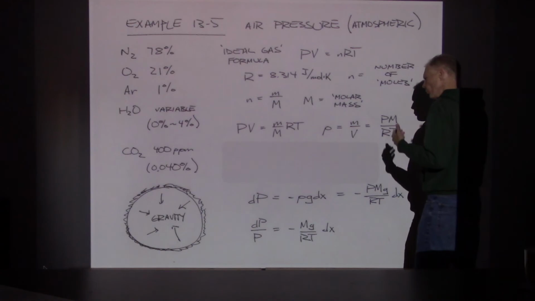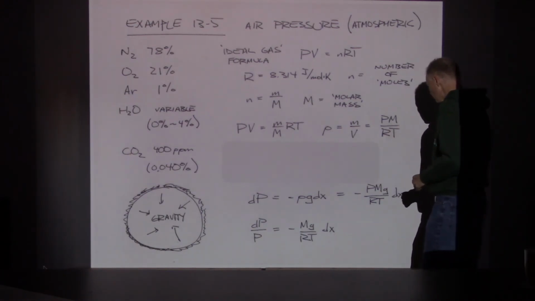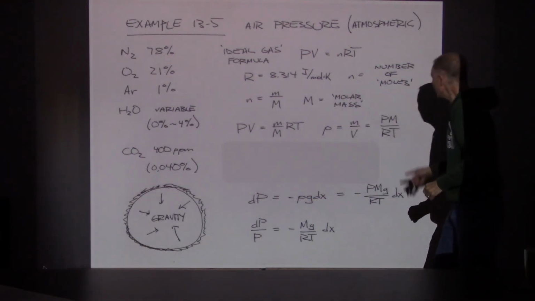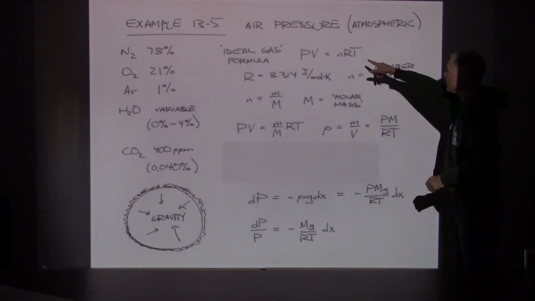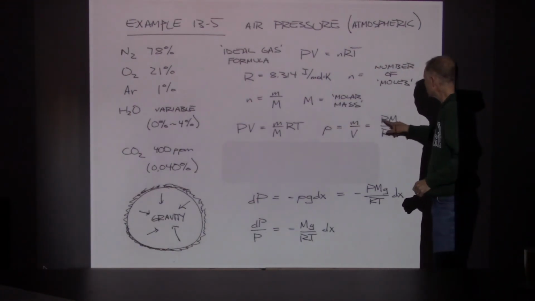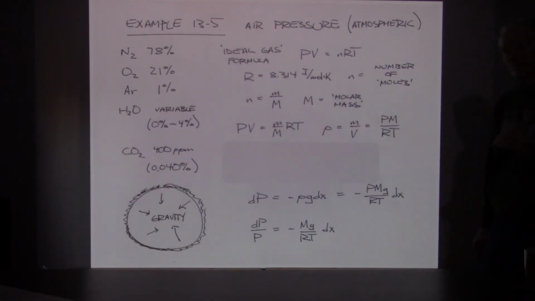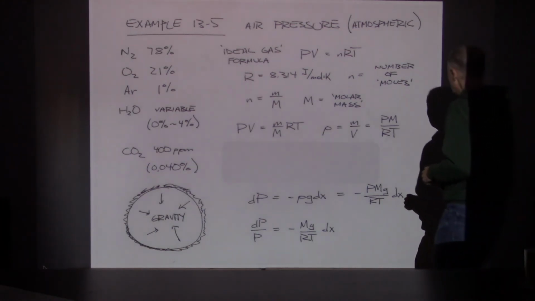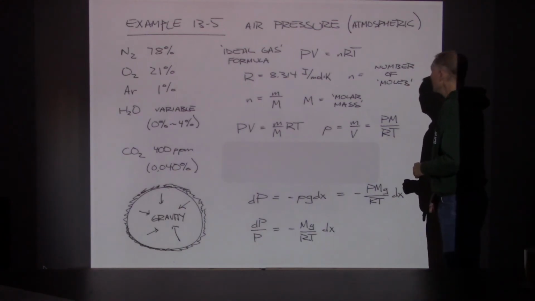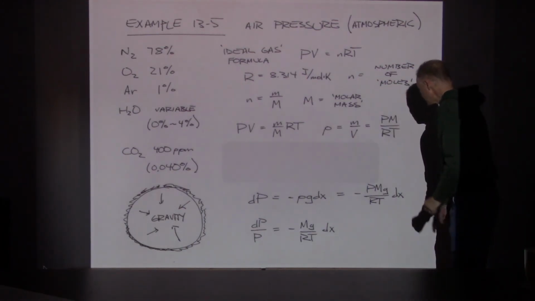The reason this would be difficult to integrate is because the pressure is varying, and by using the ideal gas formula, we now have the ability to write the density in terms of the pressure. So now the density can be rewritten as PM over RT.